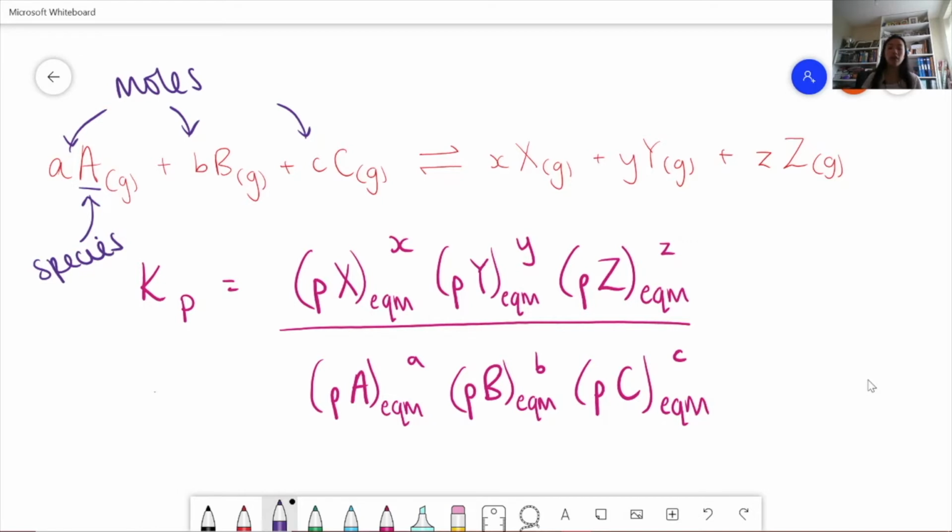And this is all divided by the partial pressure of the species A at equilibrium to the power of how many moles we have of A, multiplied by the partial pressure of B at equilibrium to the power of how many moles we have of that, and then multiplied by the partial pressure of C at equilibrium to the power of how many moles of C we have.